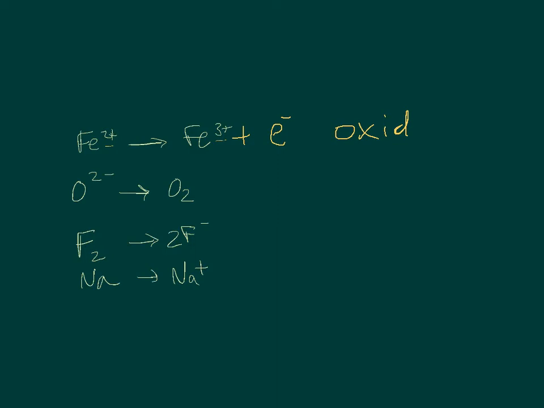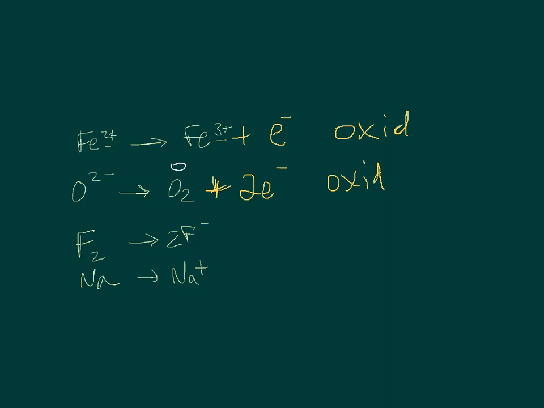So this oxygen has a charge of 0, so we're going from a charge of 2- to a charge of 0, so this oxygen is actually losing 2 electrons. And it is also being oxidized because it's going from a charge of 2- to 0.